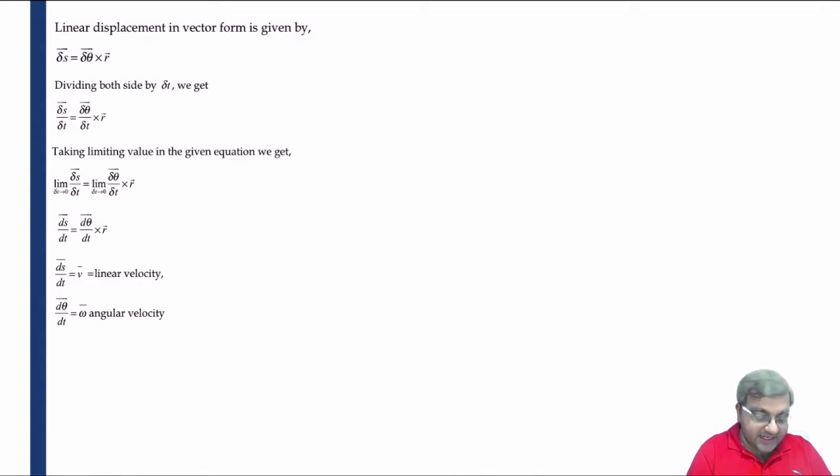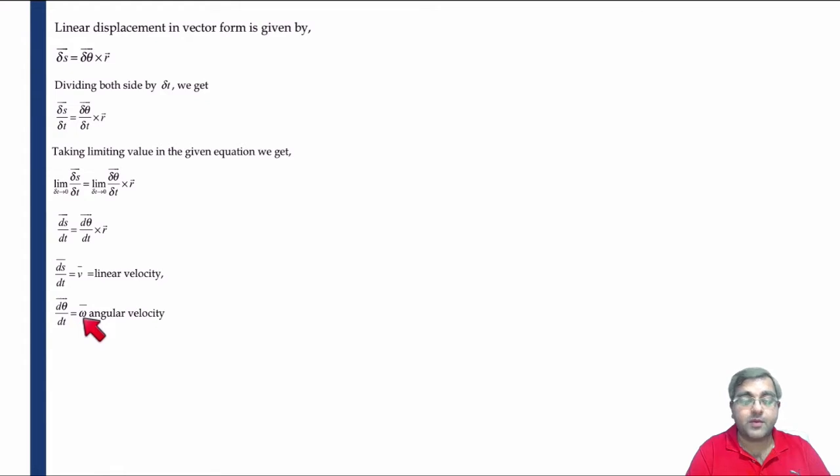Now we know this dS bar by dt is called v, linear velocity. How? Because your linear velocity v is change in linear displacement upon time. S stands for linear displacement and d stands for a small change. So I will say small change in linear displacement upon time.